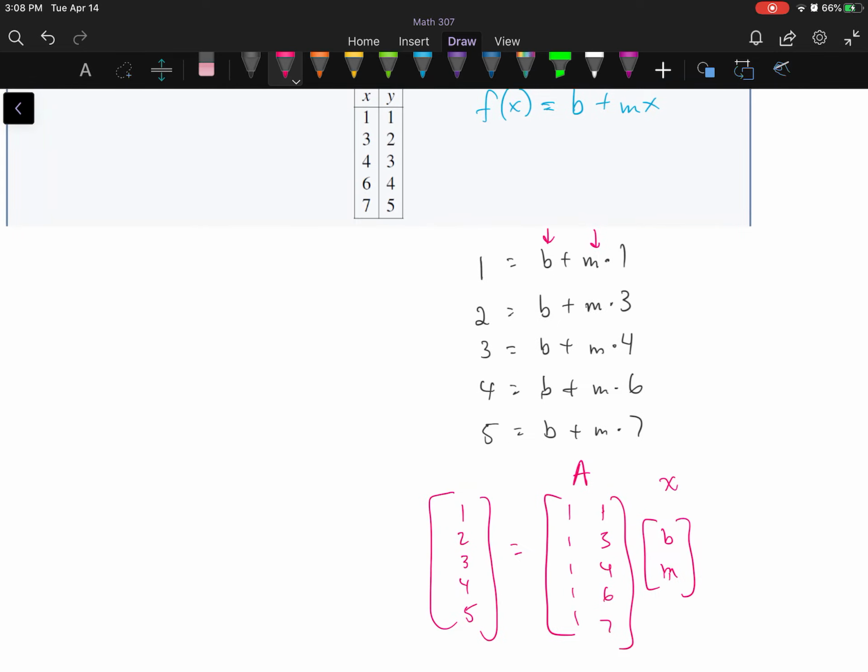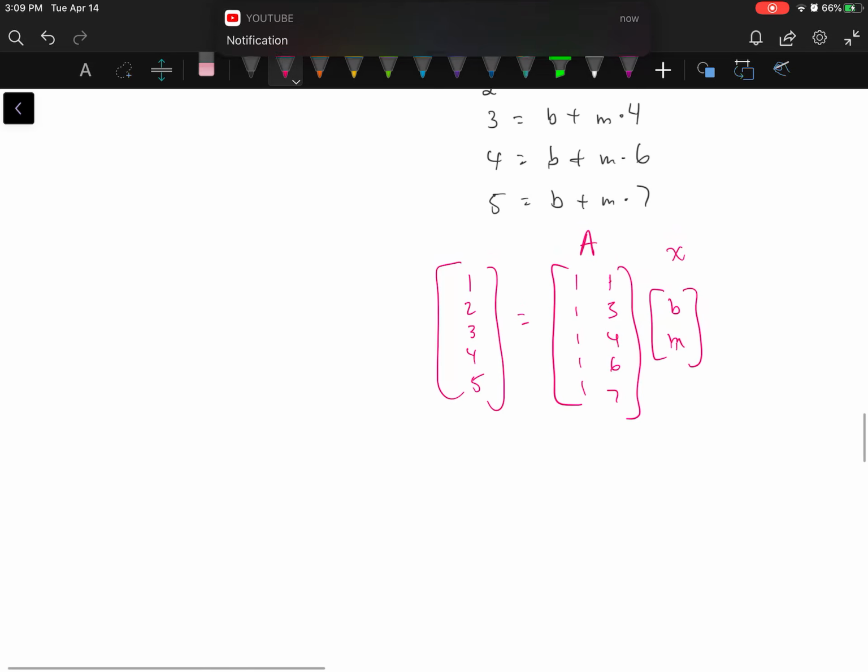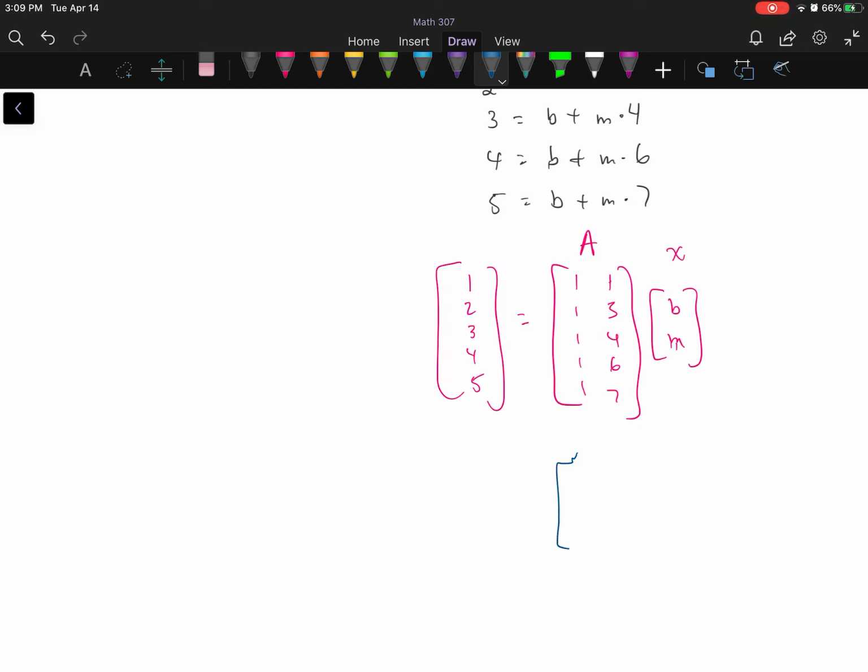Anyways, again, you would solve this by creating the normal system of equations where you multiply both sides by A transpose. The normal equations, when you get down to it, would look like: A transpose A would be 2 by 2.